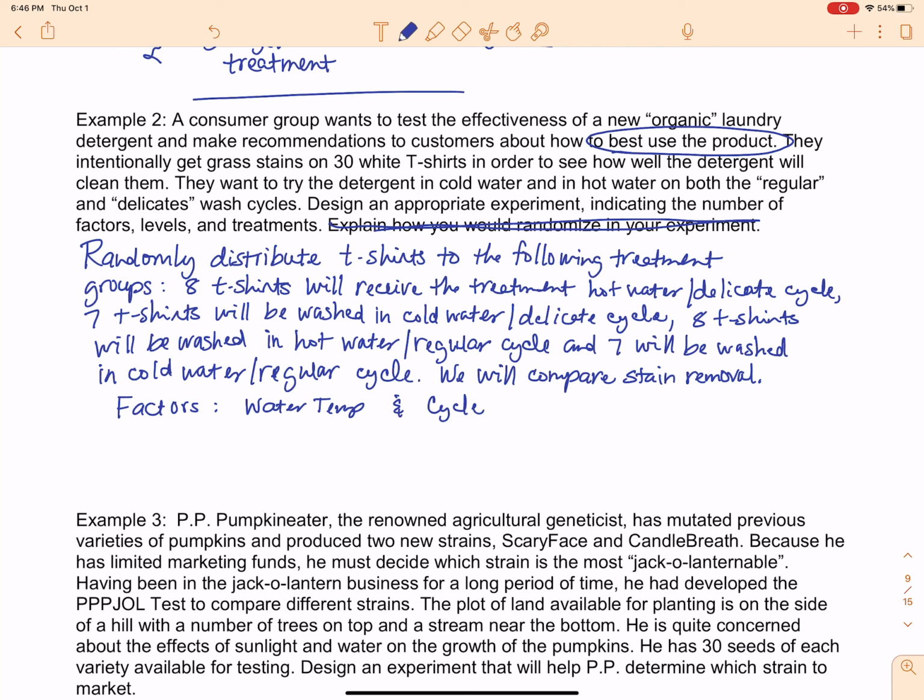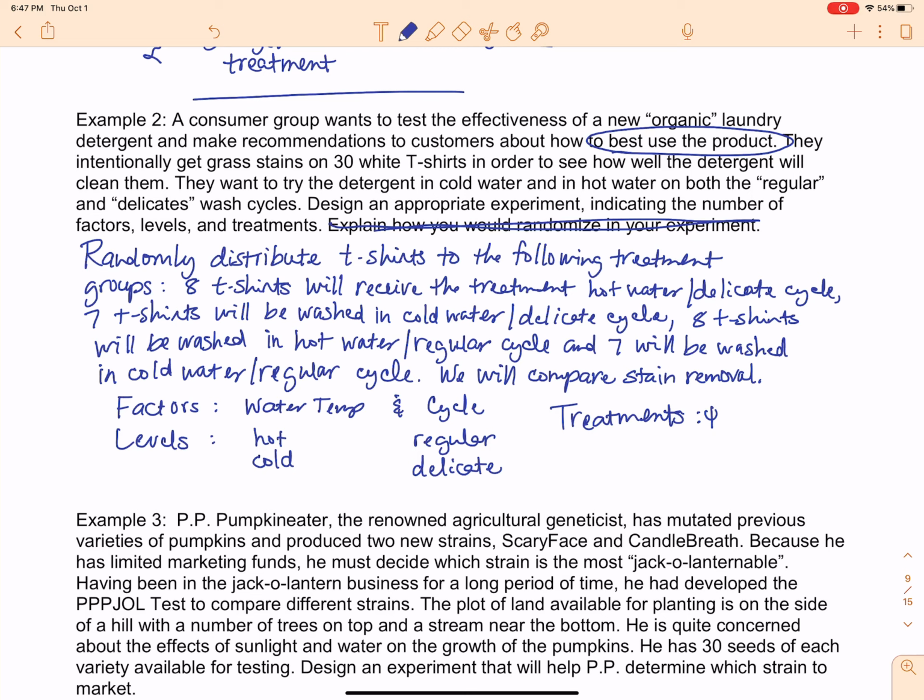And then of course the levels within those: we've got hot and cold, regular, and delicate. So how many total treatments do we have? We've got 4 treatments because we've got hot regular, hot delicate, cold regular, cold delicate. So that is how many treatments we would have.